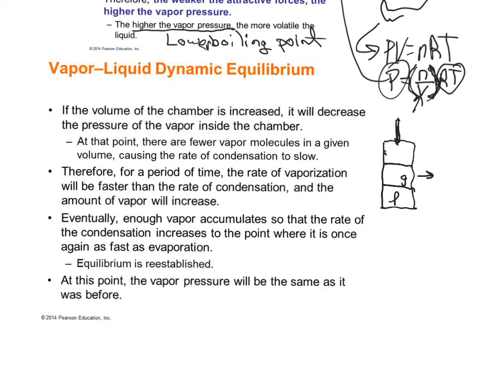Then you move the piston up and increase the volume. By increasing the volume, you're diluting the number of gas particles, and so for a moment you're going to have a higher rate of evaporation, until you reach the vapor pressure for that liquid again, and then you'll reestablish the dynamic equilibrium.